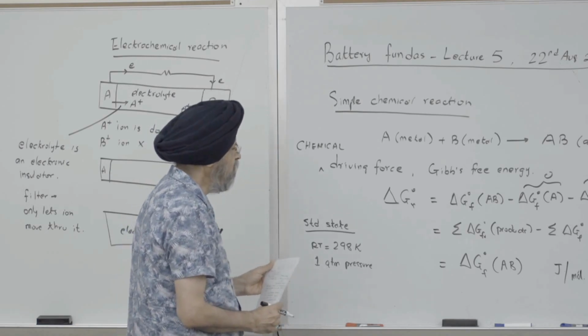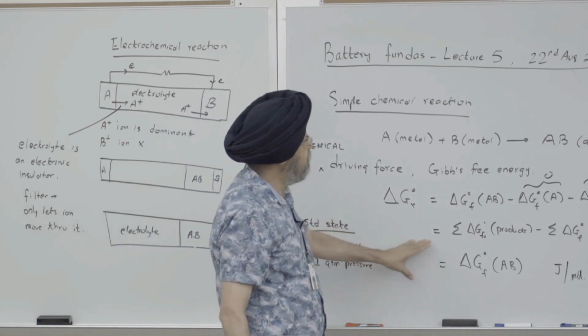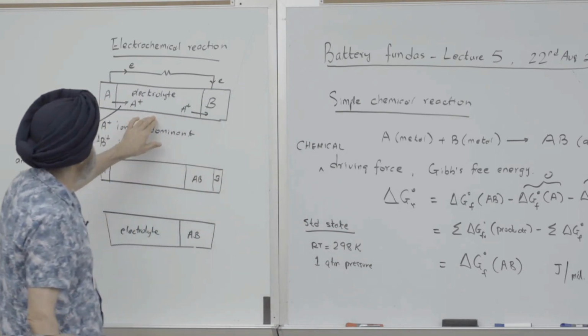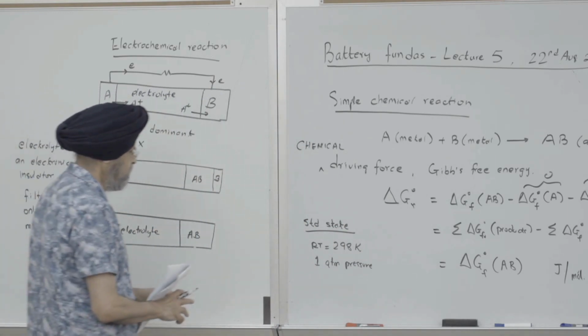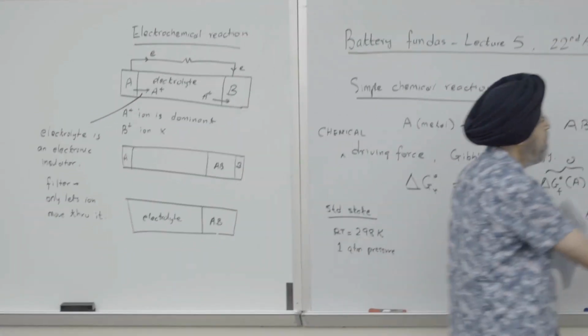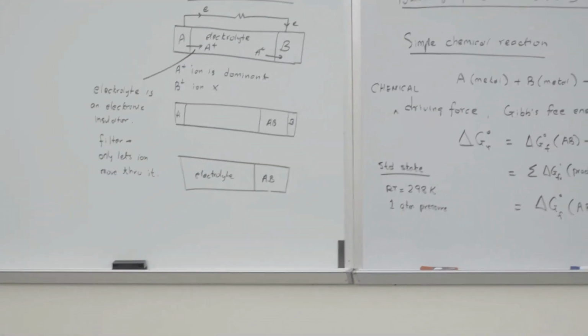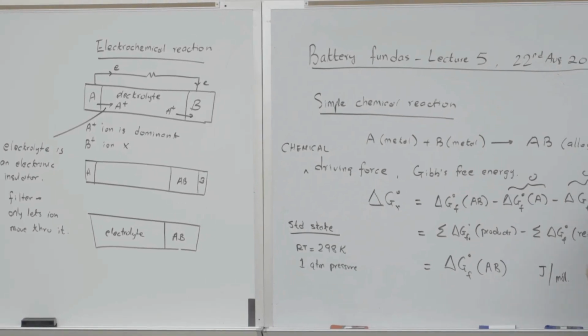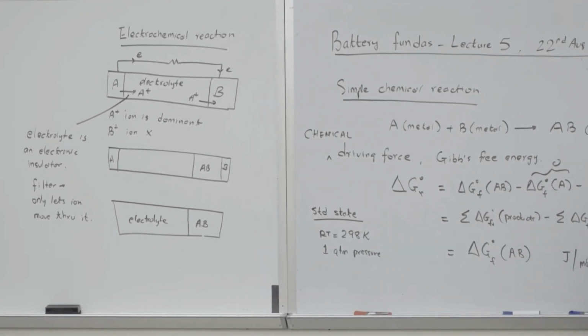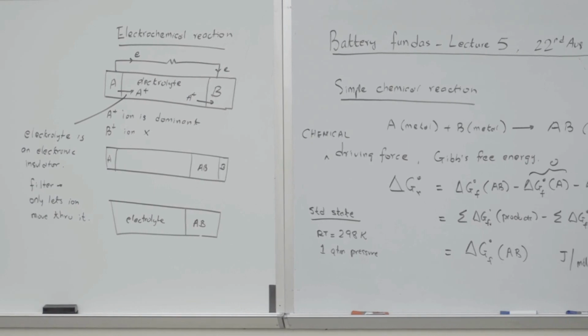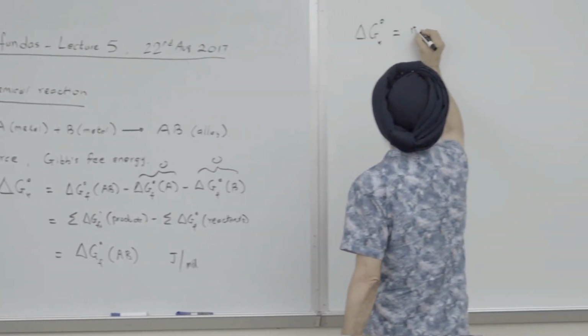So how do we go from Gibbs free energy to knowing the open circuit potential of a cell? This is stuff that's not covered in books. What I'm trying to prove is this equation: delta G of reaction under standard conditions is NFE.